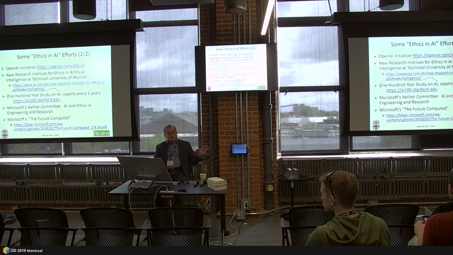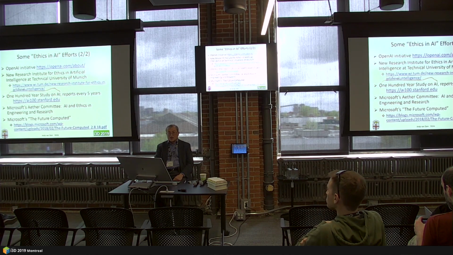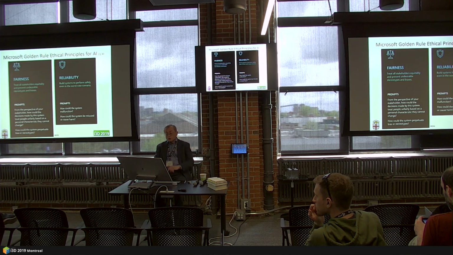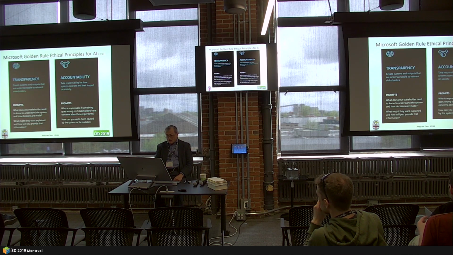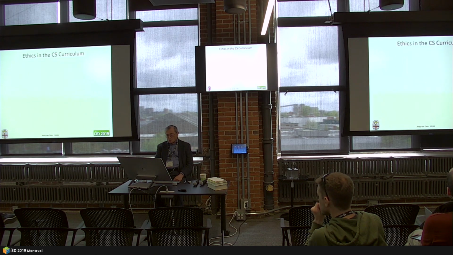I'm not saying they are unique, I just know more about what they are doing. And here are some publicly available links that tell you about how serious they are about ethical design. They have a so-called golden rule: fairness, reliability, privacy and security, inclusion, transparency, accountability, and user control.